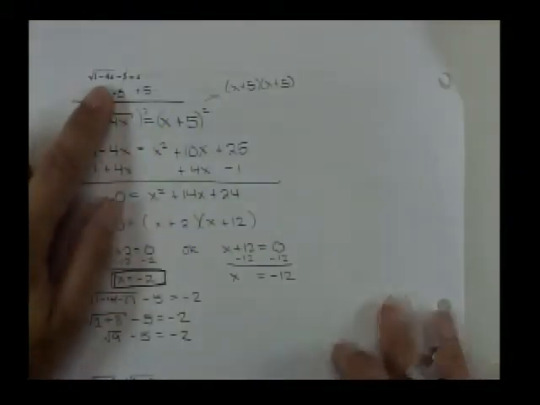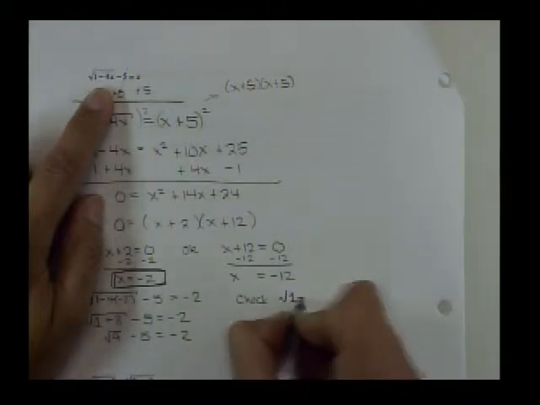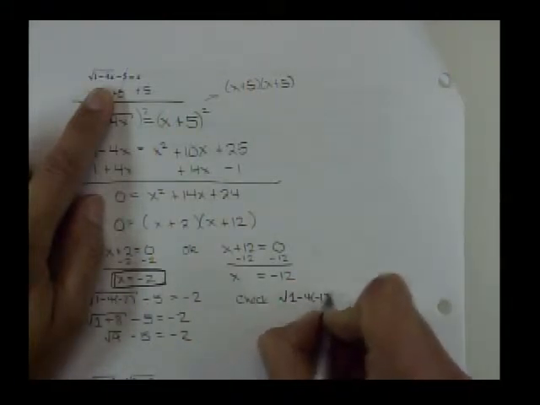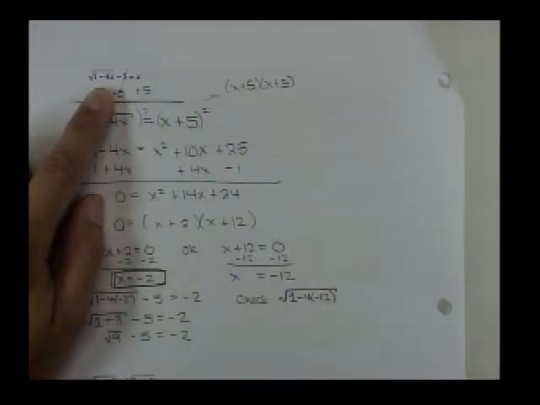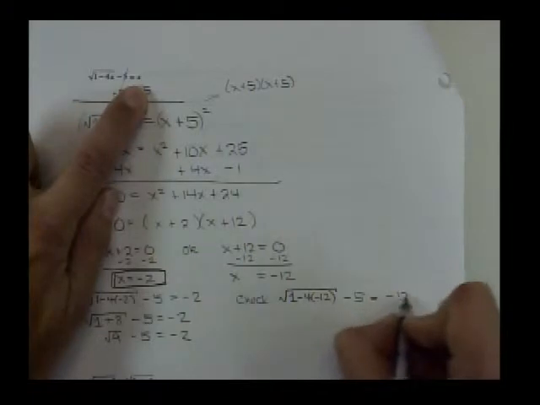So it's square root of 1 minus 4 times negative 12 minus 5 equals negative 12.